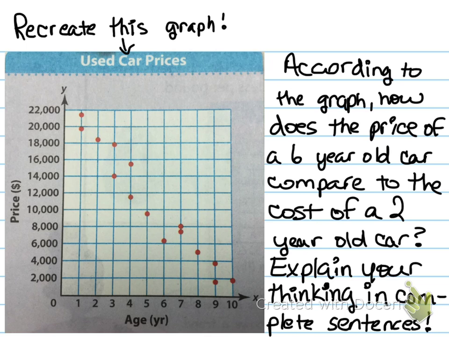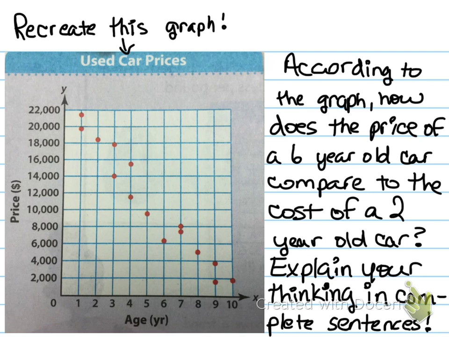You're going to recreate this graph. This graph is a scatter plot that shows used car prices. So if you look at the bottom or x-axis that is horizontal, you can see that it is representing the age of the car in years. And then the price of the car is represented on the y-axis.